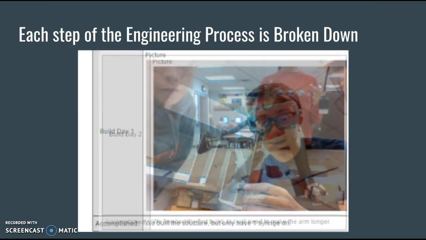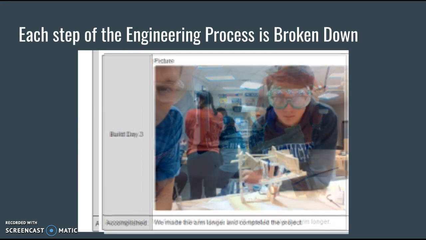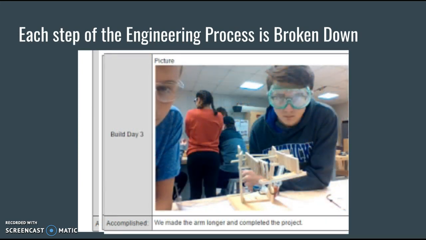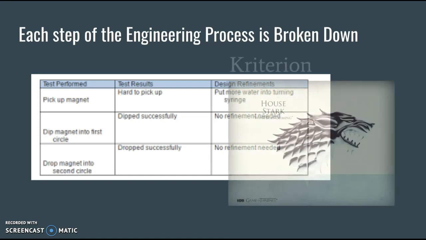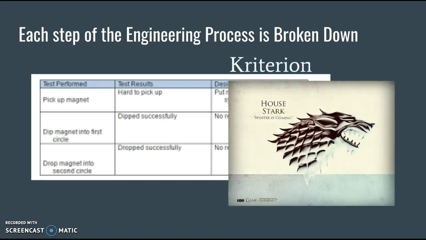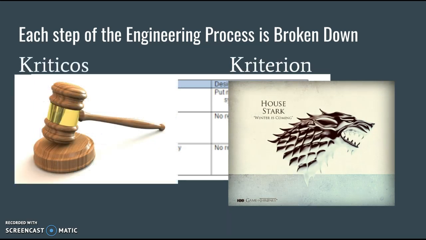They also record each day what they've accomplished so that they can see their progress as they complete the project. They take a look at what tests they performed, what were the results, what type of refinements that they need to make. This is critical thinking. They're evaluating what they're seeing and making changes to their product in order to better solve the problem at hand. And this once again goes back to looking at those standards, criterion, and also discerning judgment, kritikos.